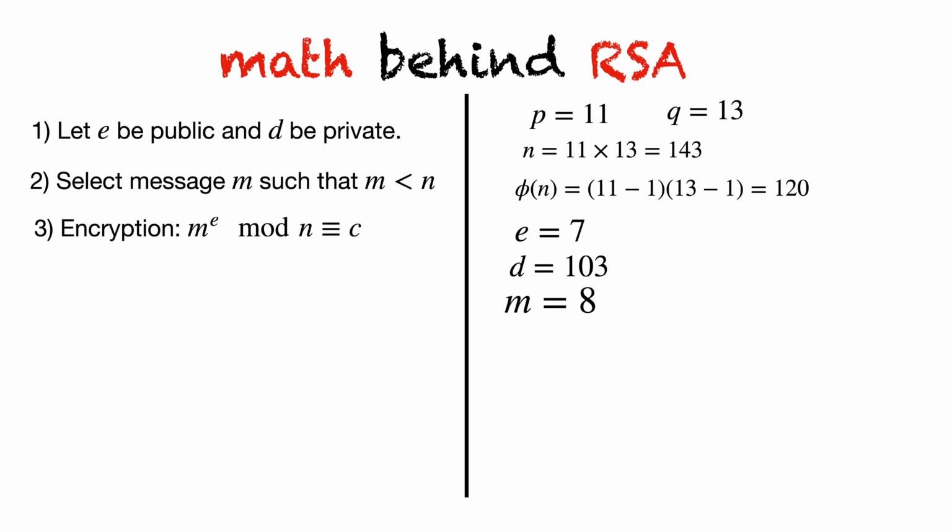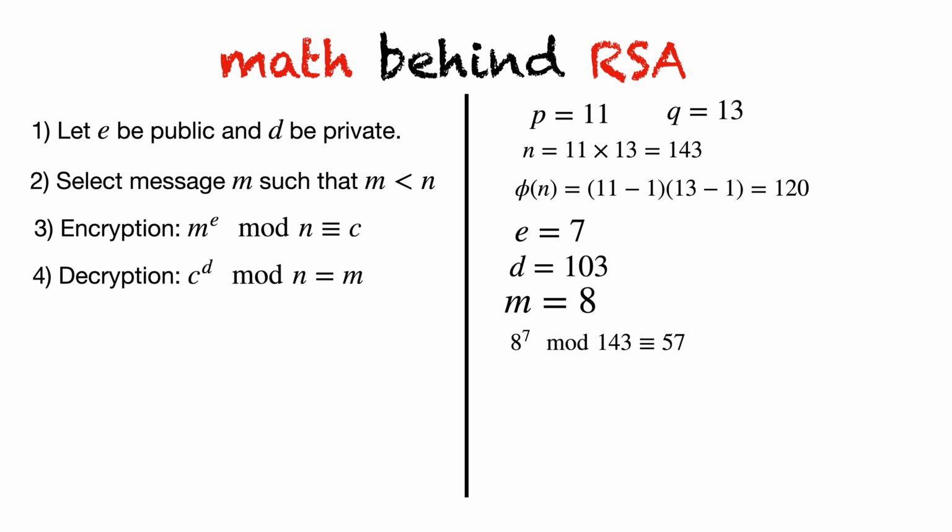So as we have taken here m equal to 8 and e is 7, we compute 8 to the power 7 modulo 143, and it gives us the result 57. So the ciphertext is 57.